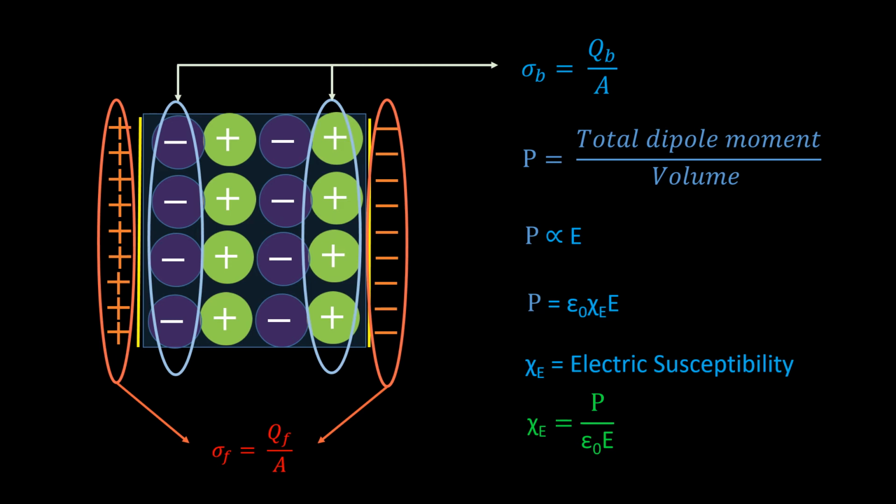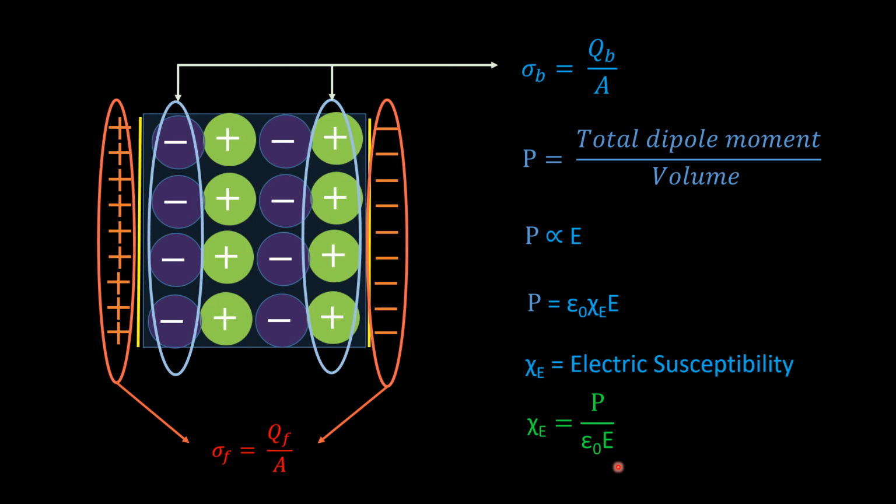The materials for which polarization is proportional to the electric field are called linear dielectrics, and this is not so for all dielectrics. Those dielectrics for which polarization is not directly proportional to electric field are called non-linear dielectrics. Susceptibility from this equation can be defined as polarization per unit electric field, and it is a dimensionless quantity.